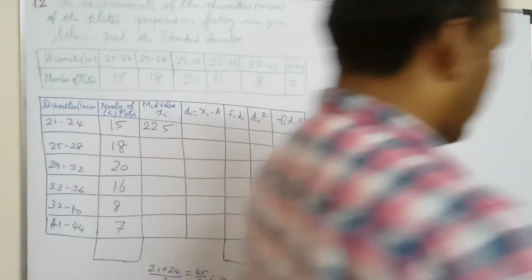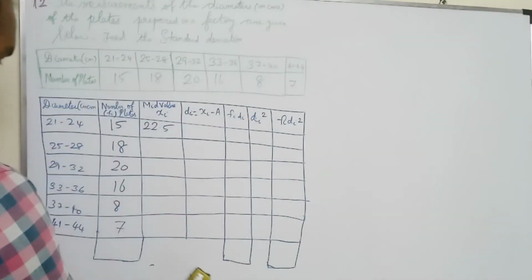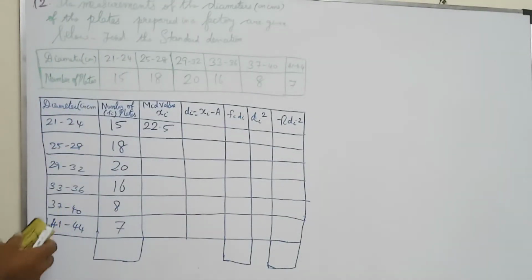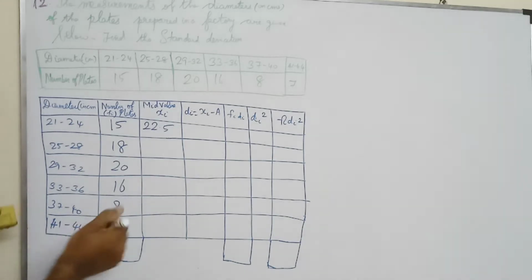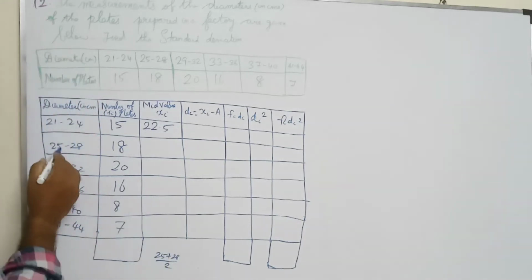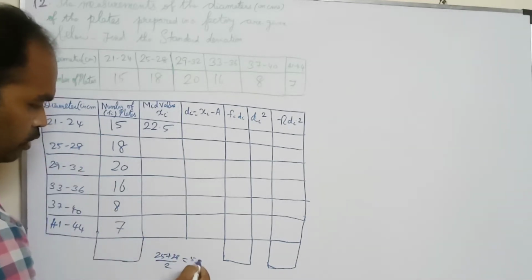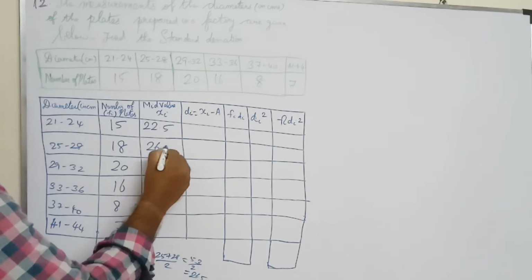The next one is 25 plus 28 by 2. 25 plus 28 is 53, and 53 by 2 is 26.5.